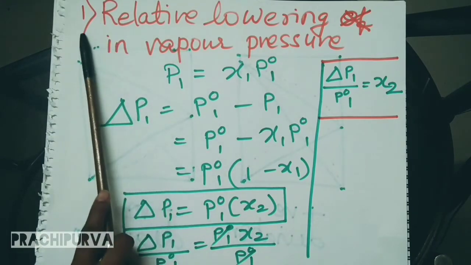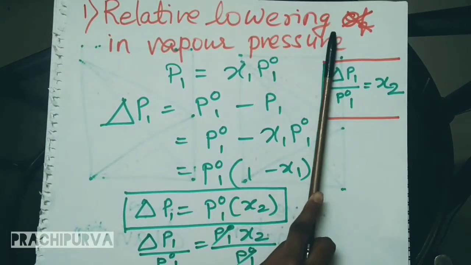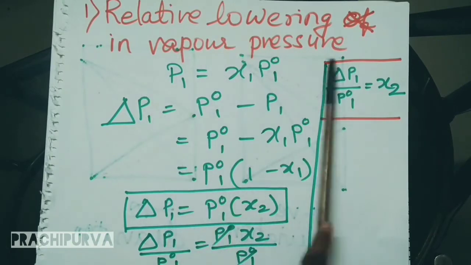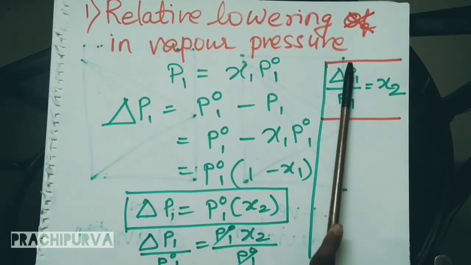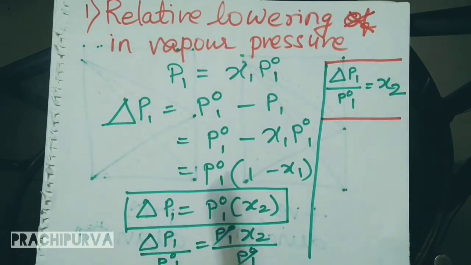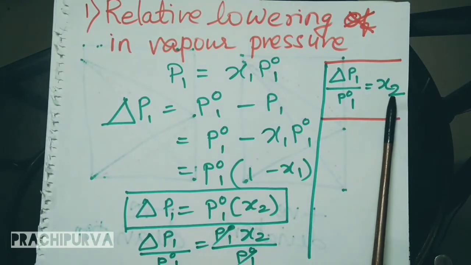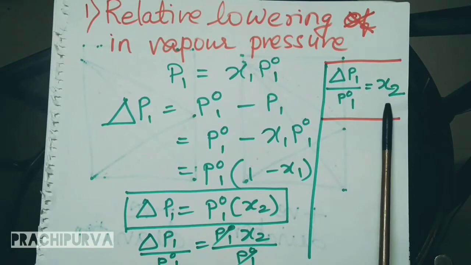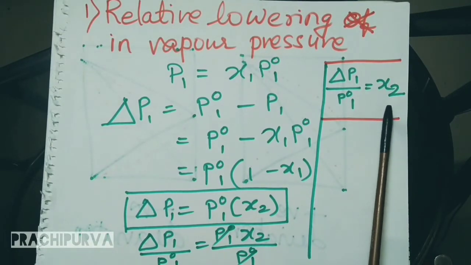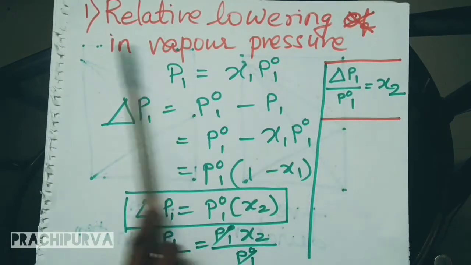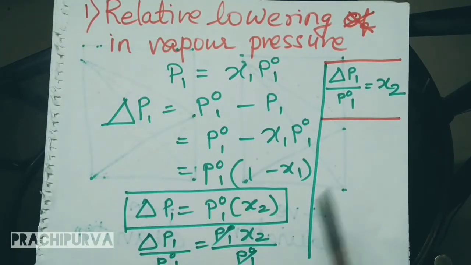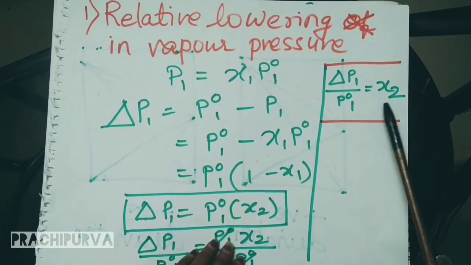Because I want to calculate relative lowering in vapor pressure, not lowering in vapor pressure. Here it gets cancelled. I get x2. That shows this property depends only on the amount of solute particles present in the solution. That's why this is a colligative property. Now we have done further process in this. Let's see that.